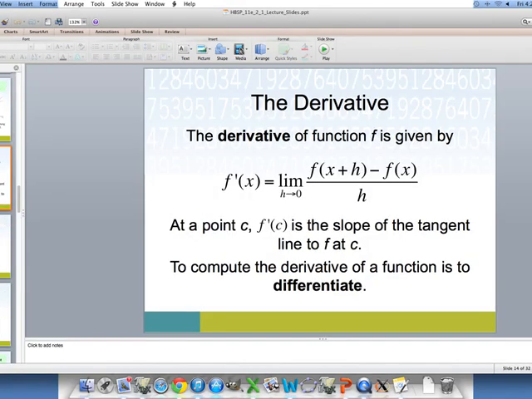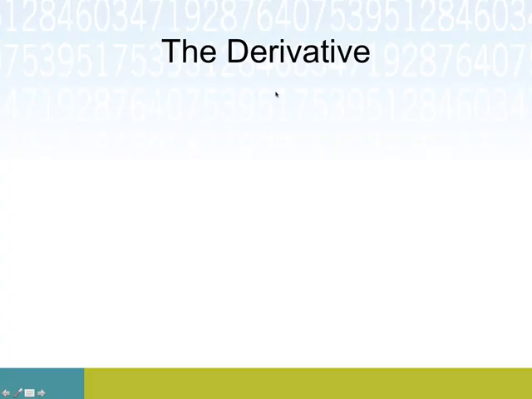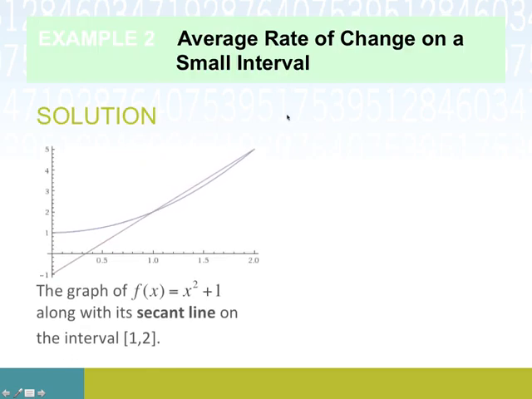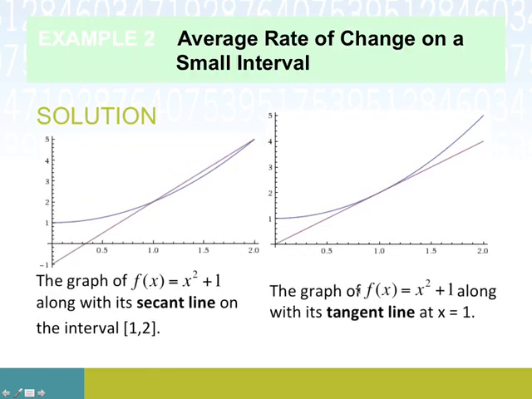So the previous video had finished with essentially computing the average rate of change on a tiny, tiny interval. And just to remind you of some of that terminology we were using, the tangent line was what we imagined this slope to be, the slope of a line that perfectly touches this graph right along its edge and has its slope equal to what we get when we take 2 points on the curve and make them closer and closer together.